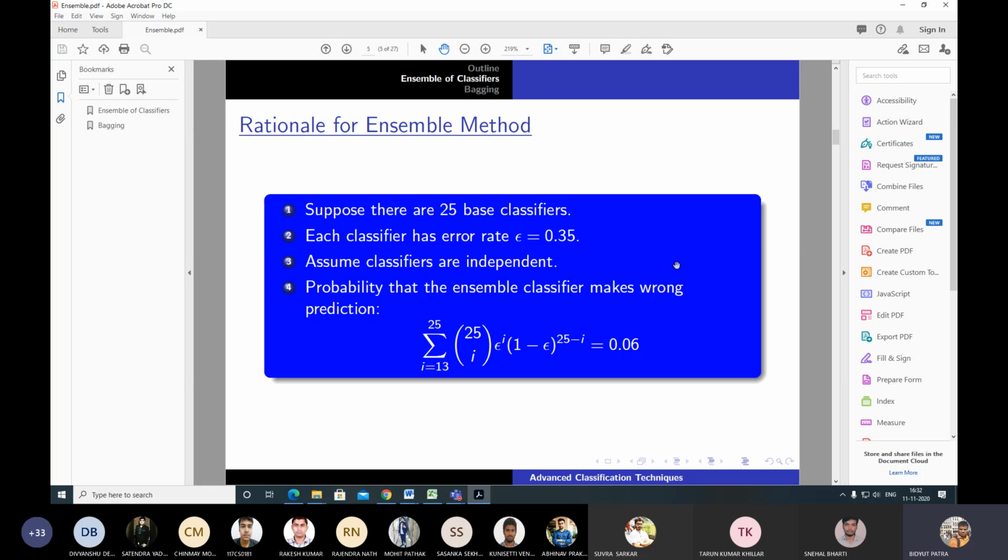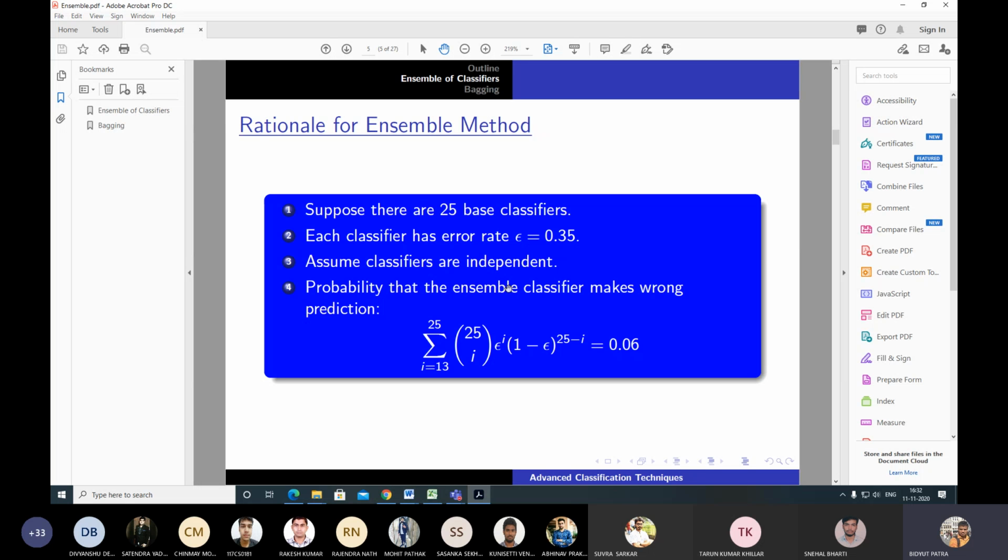Same mistake means if the object belongs to class A, these at least 13 classifiers will tell that this object does not belong to class A, so it may be something other than A. That means the probability of making the mistake is 0.35.